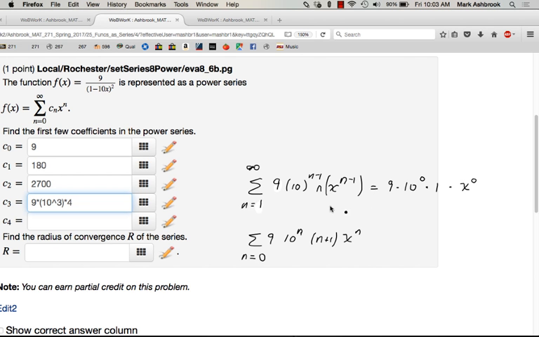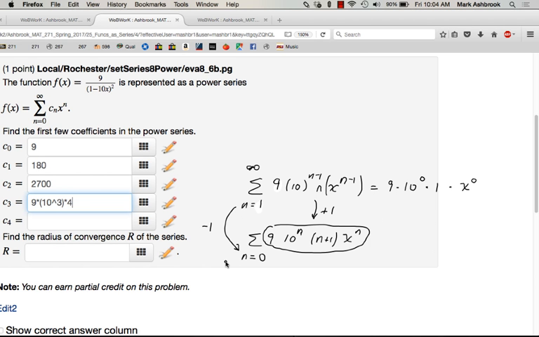So in the formula, if you shift n up by 1, that means you've got to start at n one lower to get the same terms. It should make sense. I increased n by 1 in the formula, which means to get the same terms, I have to decrease n by 1 where I start.